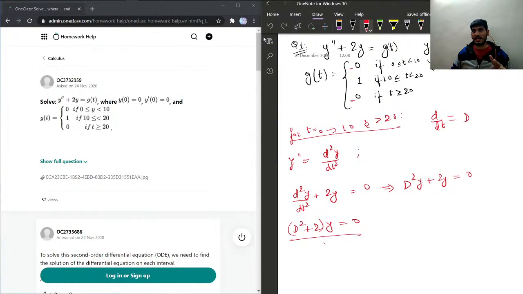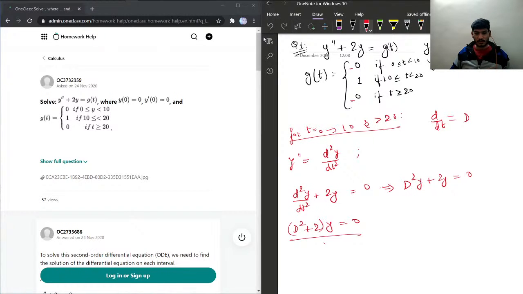One was PI and one was CF. Because on the right hand side we just have a constant number, and if it was a function of the independent variable, then we would have taken the particular integral also, but in this case we are just going to solve for CF.